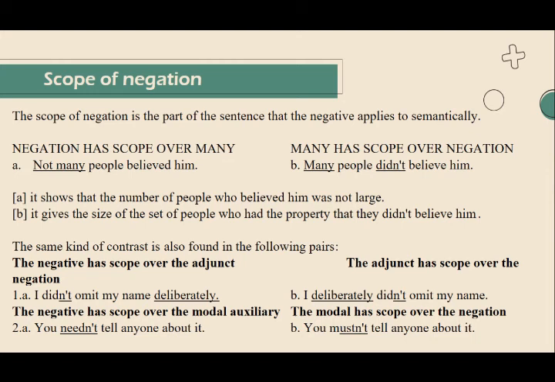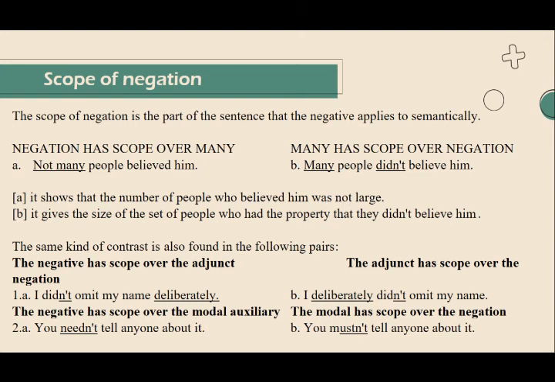The scope of negation is the part of the sentence that the negative applies to semantically. Scope is best understood by examination of contrast. Like in the example, negation has scope over many: Not many people believe him.